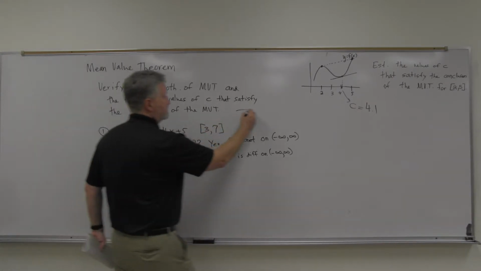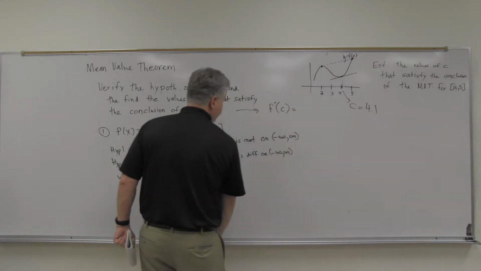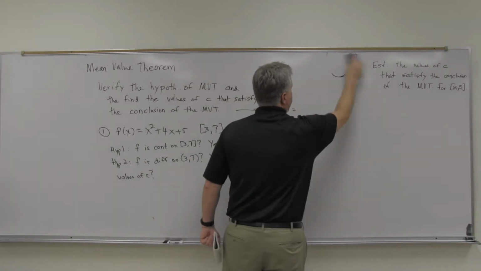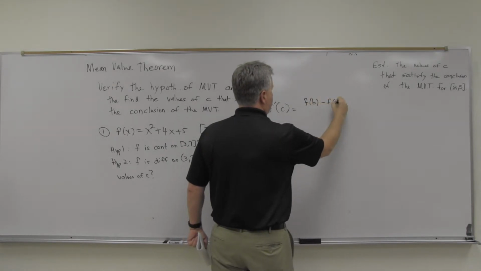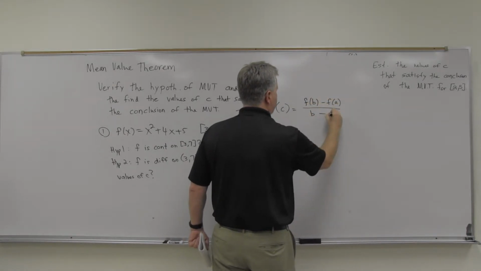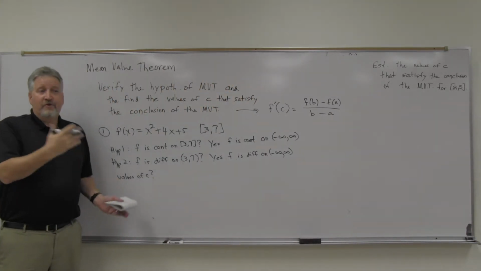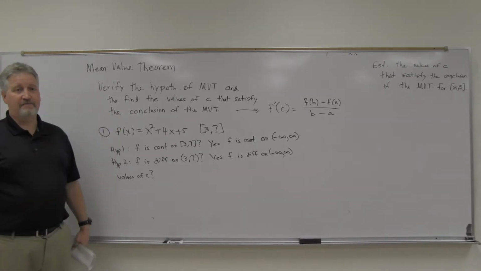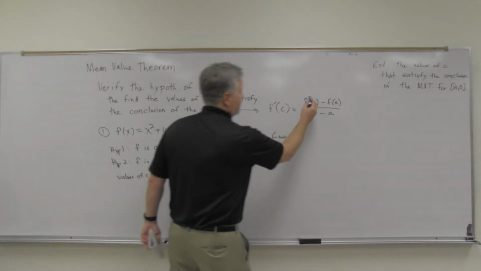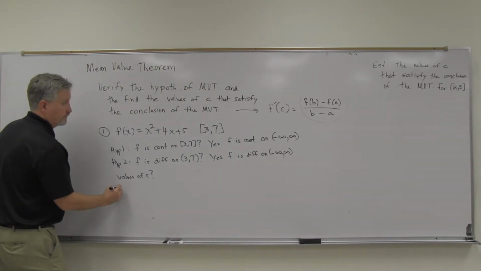Because remember the conclusion: I'll write it again, f prime of C is f of B minus f of A over B minus A. So when you go into mean value, you don't know what value you want the derivative equal to. That's what you have to establish first. And so what you want to do first is compute this, the slope, if you will.